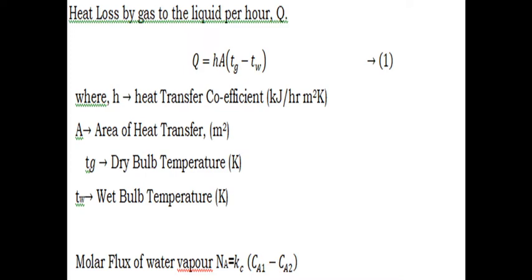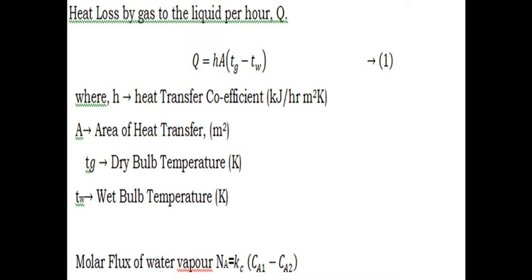Which law does convection obey? Newton's law of cooling: Q is equal to hA into delta T. Here delta T is Tg minus Tw, the dry bulb temperature minus the wet bulb temperature. So Q is equal to hA into Tg minus Tw.